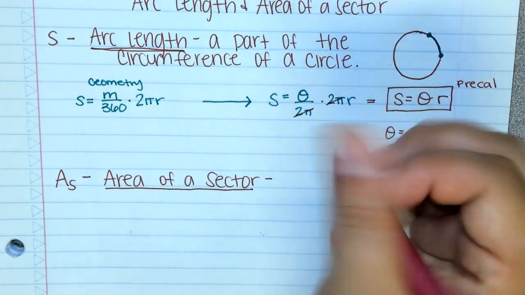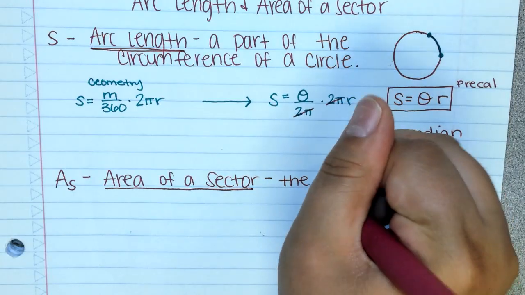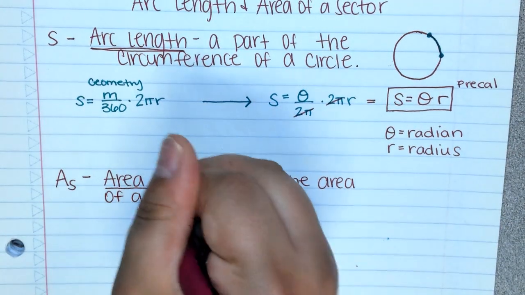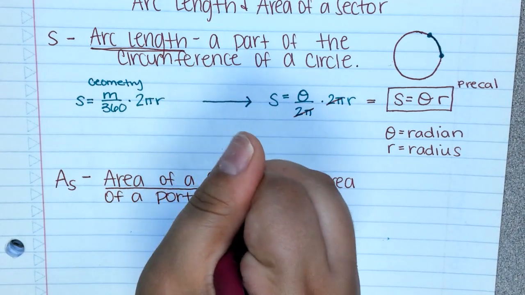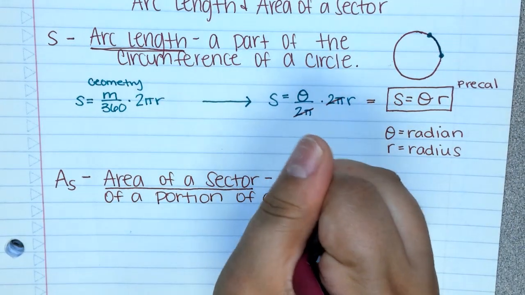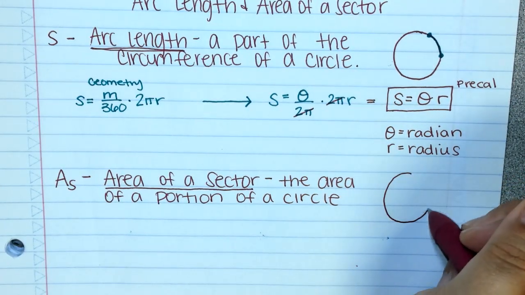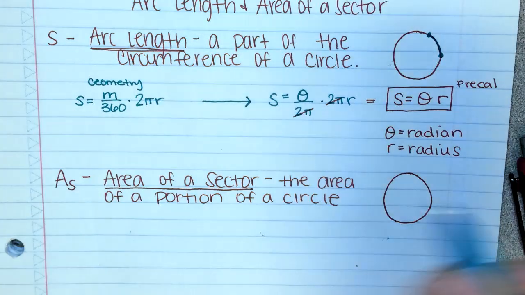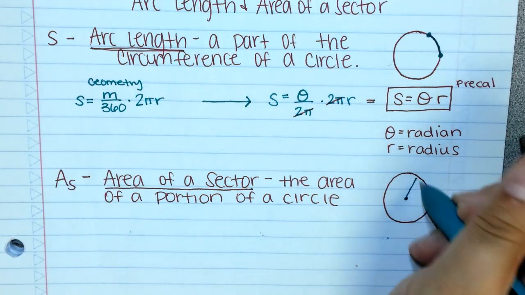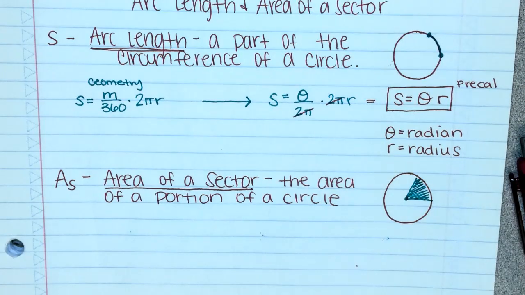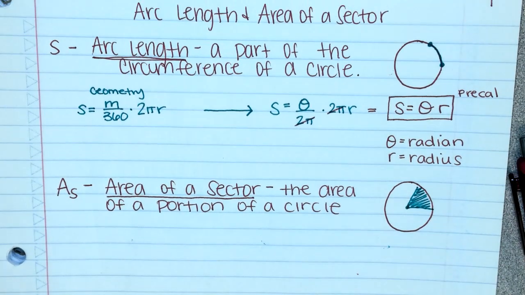An area of a sector is the area of a portion of a circle. It's like asking the area of your slice of pizza. It's not exactly a triangle, so we can't use that. So we have to do the area of a sector formula.